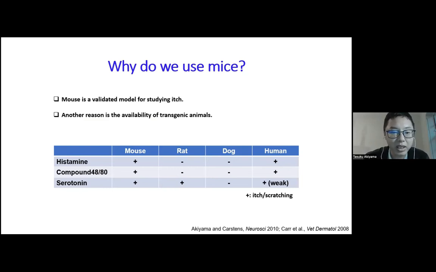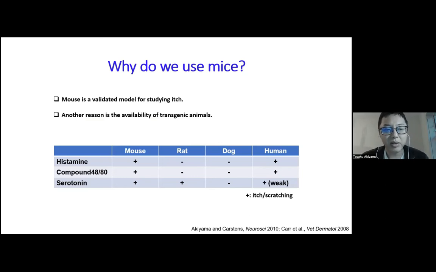With the same chemical, for example histamine, when we inject it into the rat back, they don't show scratching. Also with compound 48/80, the rat doesn't show scratching. And only serotonin can evoke scratching in the rat. Dogs are also not a good acute itch experimental model.